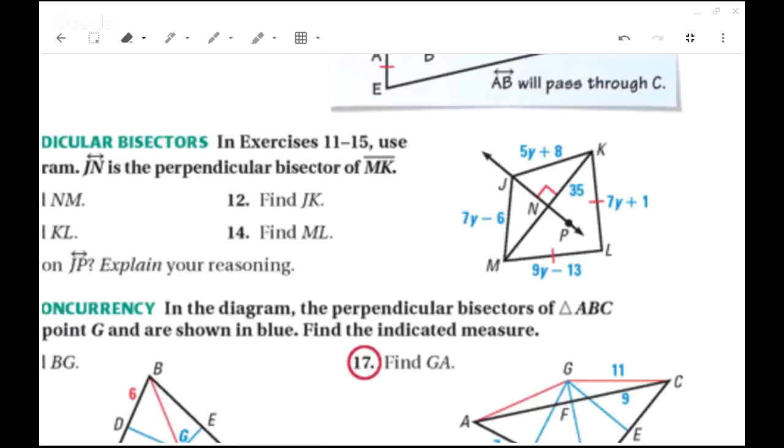So if you can flip back and forth there, then you can see on theorem 5.3, see they have the congruency marks there in the picture. So if you apply those to the diagram that's in the bookwork on that page, then that'll tell you the relationship between those different things that you know. Does that help?